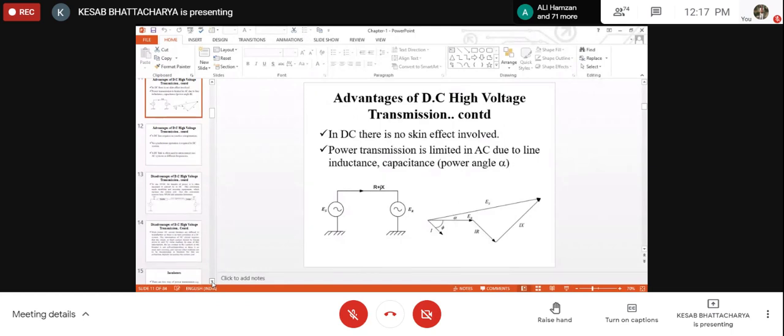Yes. So you see the power that can be transmitted from sending end to receiving end is limited by the value of angle delta or alpha, which is the power angle. But in the case of DC, since the only drop over the transmission line will be resistive drop, there will not be any phase angle difference between the sending end voltage and receiving end voltage. So the power transmission is not limited by the power angle in the case of DC transmission.